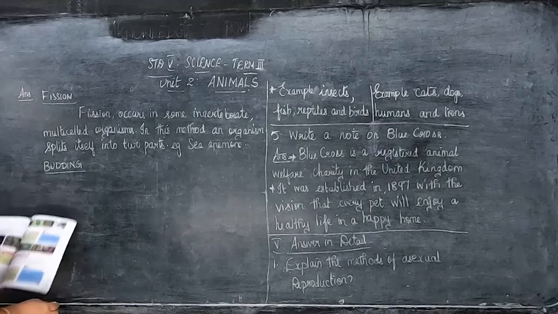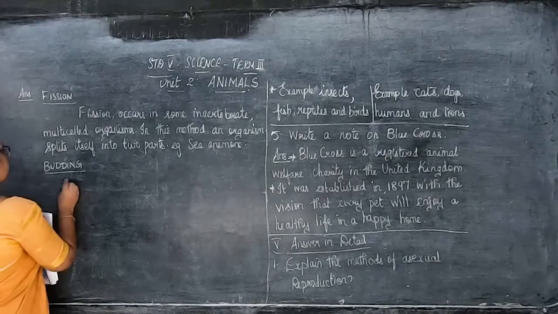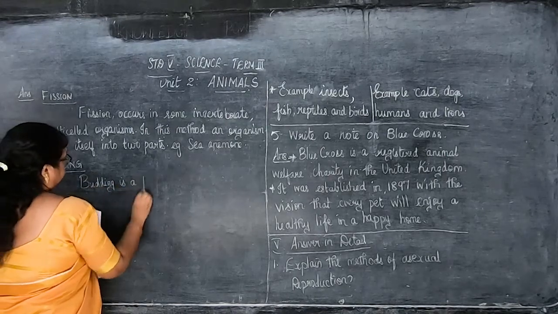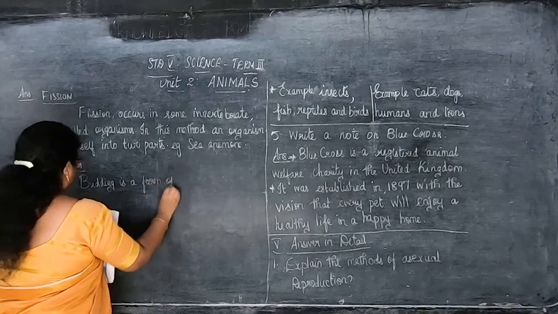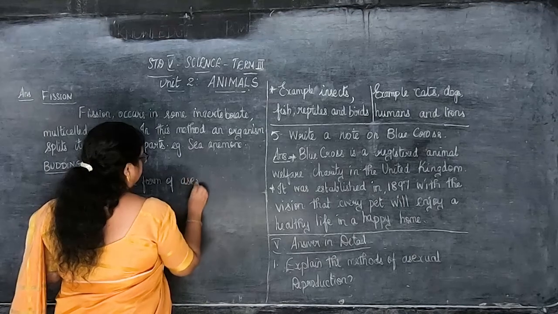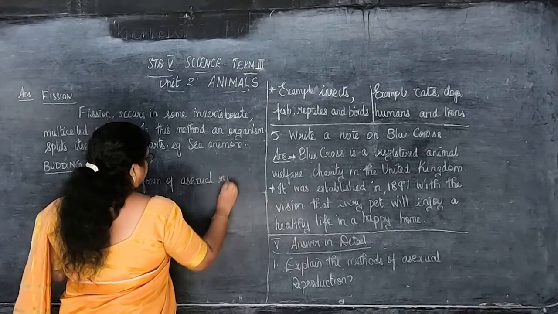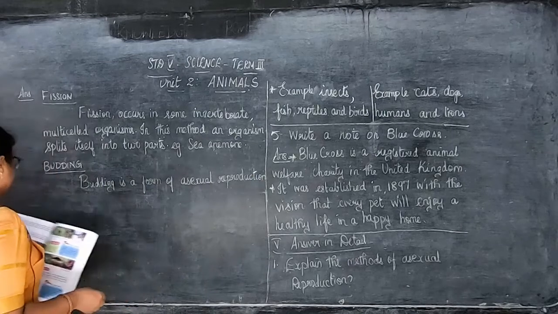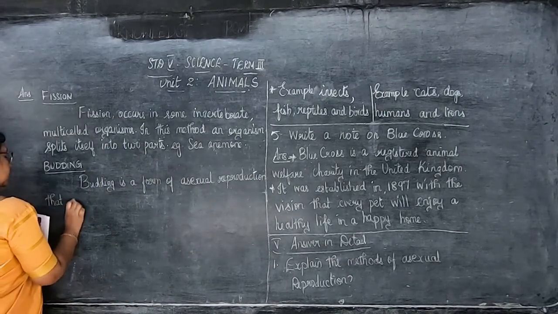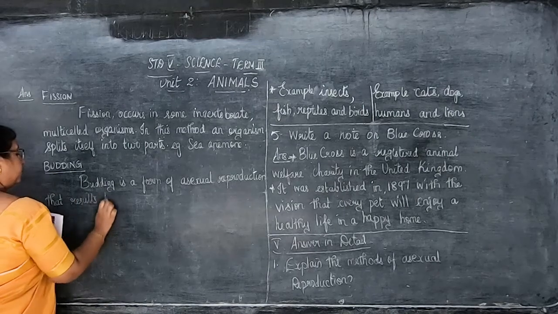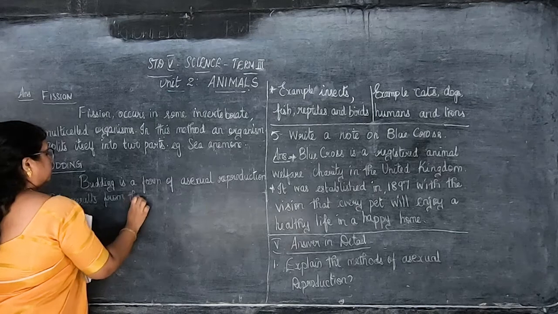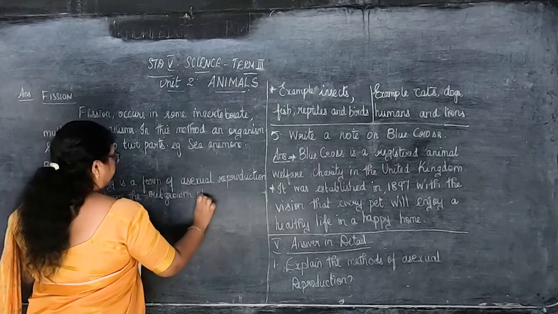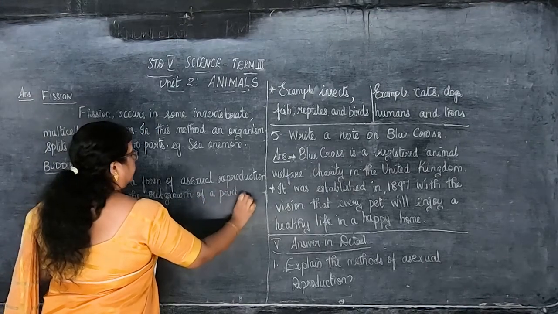Budding is a form of asexual reproduction that results from the outgrowth of a part of the body.